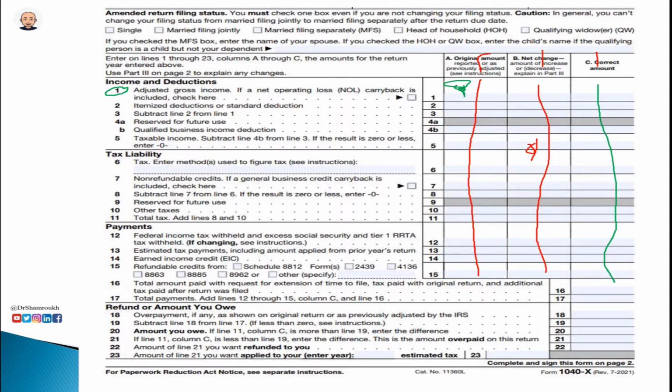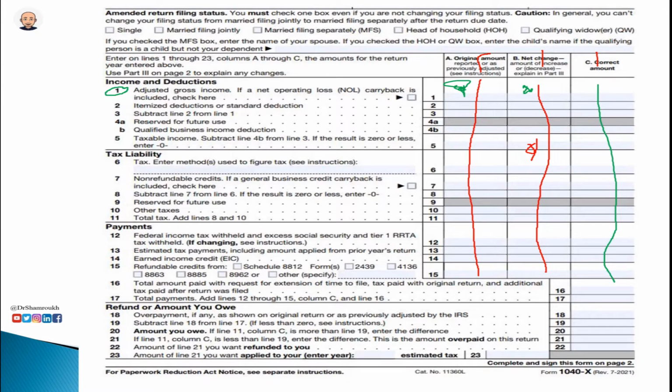The $7,000 goes in the second column. Then you put in column C the final amount, which is column A plus column B equals column C. So in this case, the total amount you need to report will be $72,000, which is 65,000 plus 7,000. That's the correct amount for the adjusted gross income for the first question.